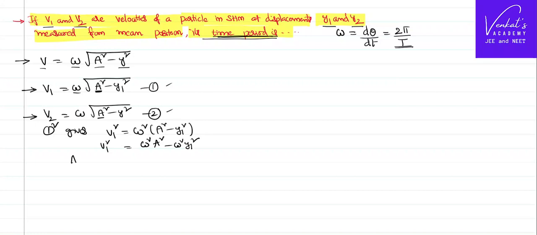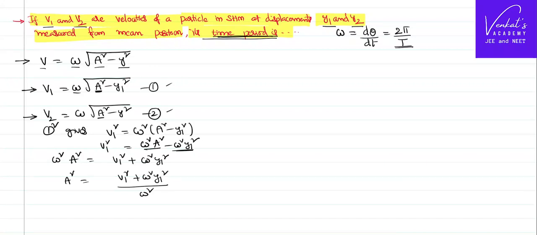Taking the term to the other side, omega square a square equals v1 square plus omega square y1 square. So a square is equal to v1 square plus omega square y1 square, by omega square. That is from equation number 1.